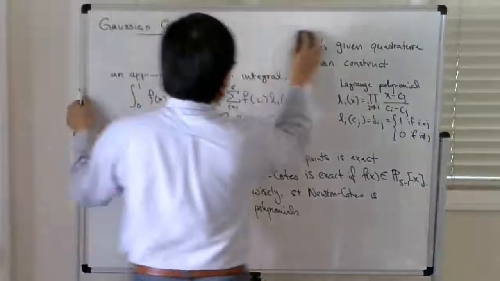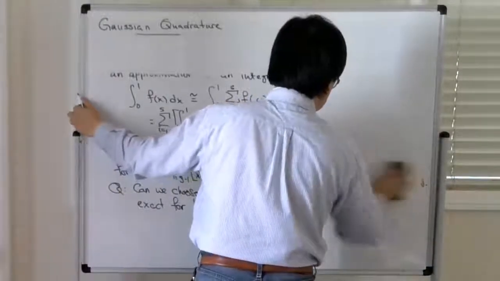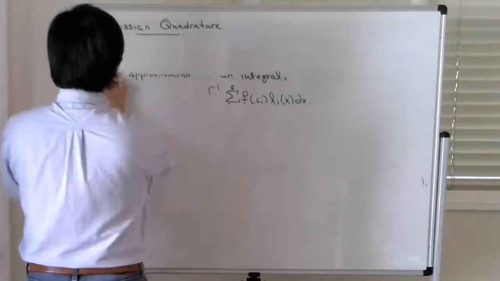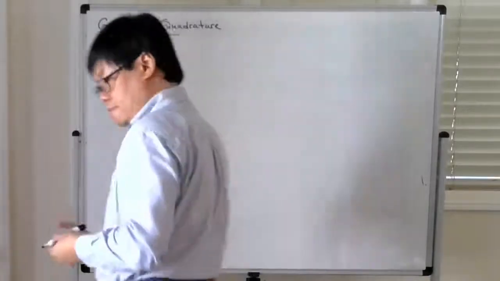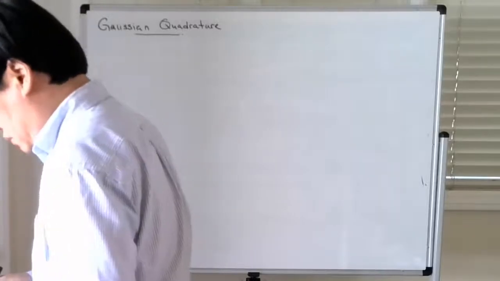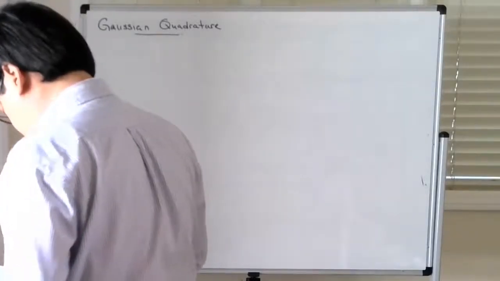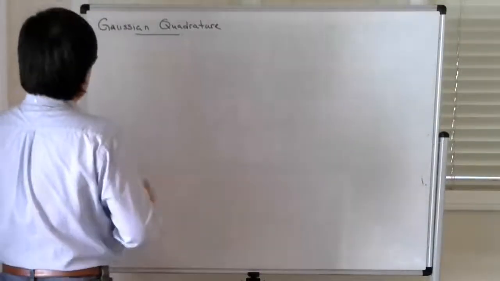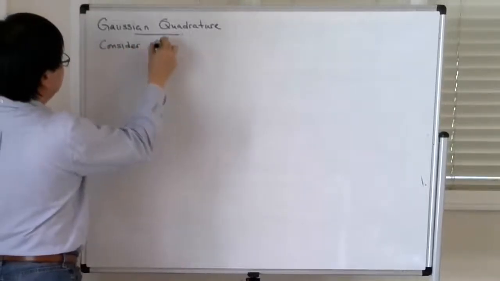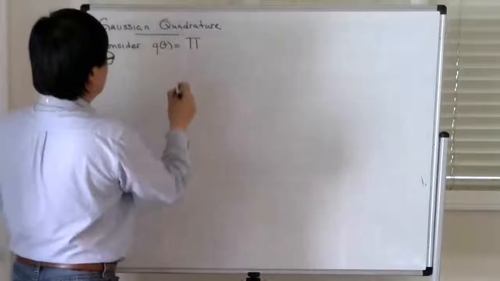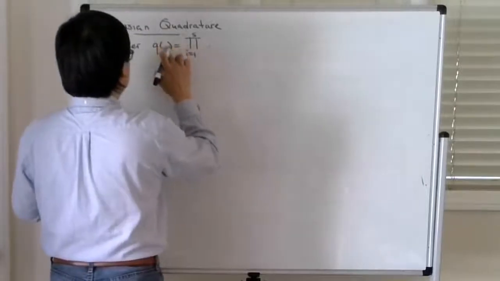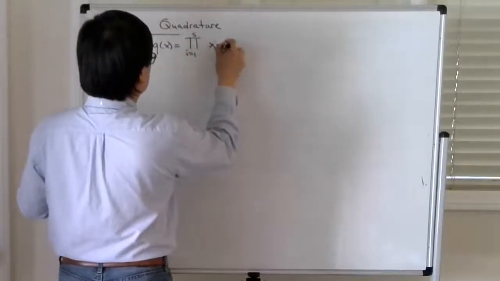Okay, so let's see what happens here. Let's consider the following polynomial, q of x, which is the product from i equals 1 to s of x minus ci.